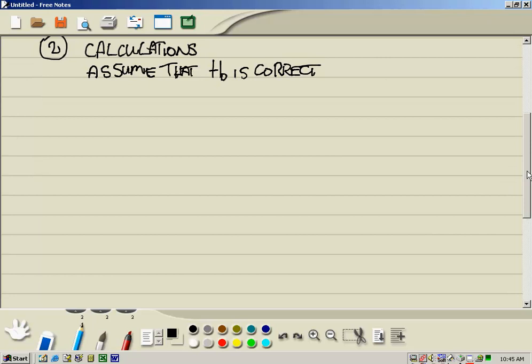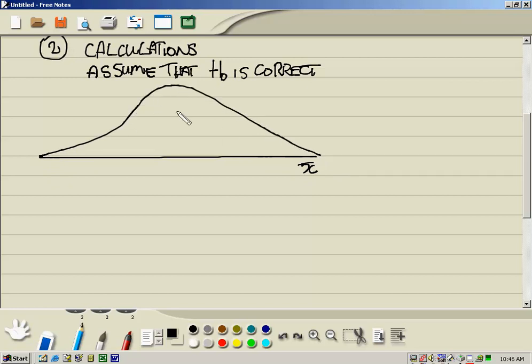If the null hypothesis is correct, then we have a sampling distribution of all possible sample averages, and the mean of that distribution is equal to the mu in the null, right? If the null is correct, so mu is equal to 15. So this then would be the true distribution if the null is correct.